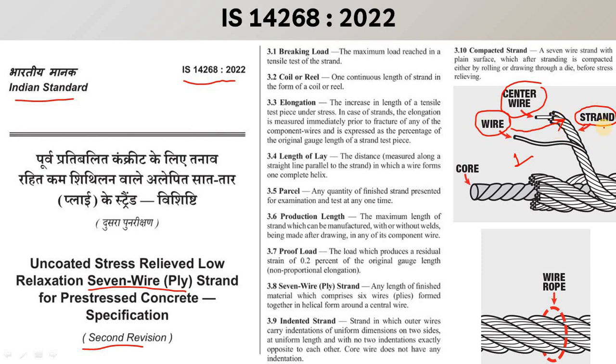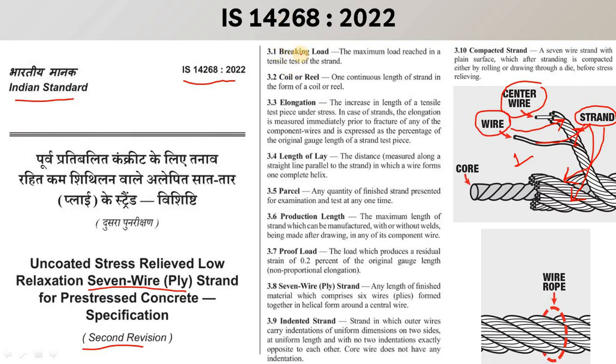When a number of strands are twisted together, that is known as a tendon. So this is the concept: when seven wires are twisted together they create one strand, and when a number of strands are twisted together they create another wire, known as a tendon, or we can say rope.